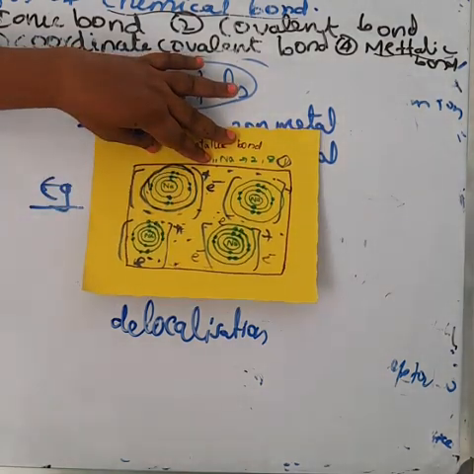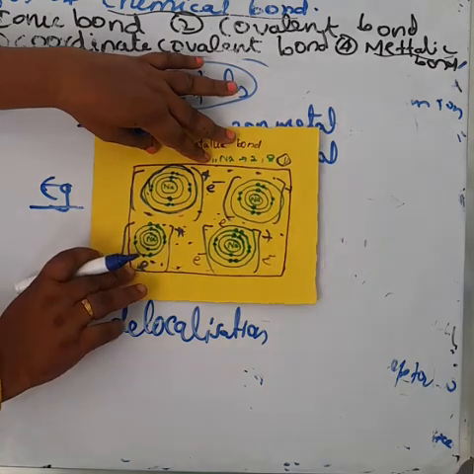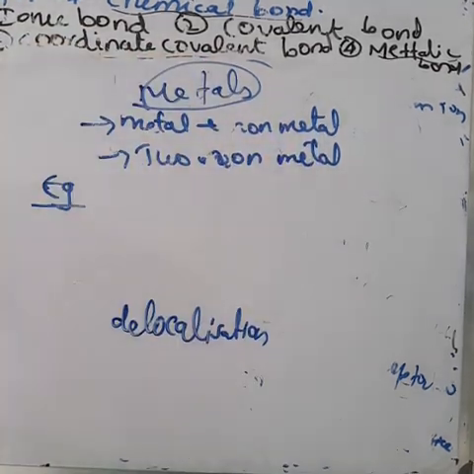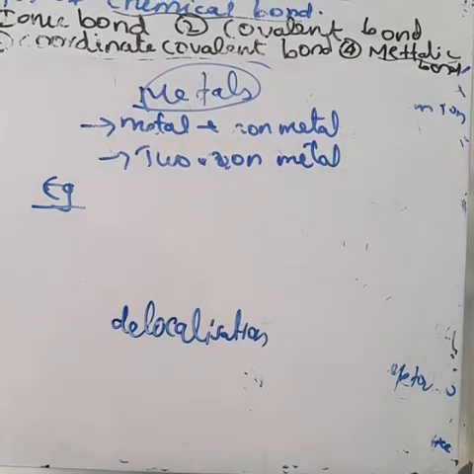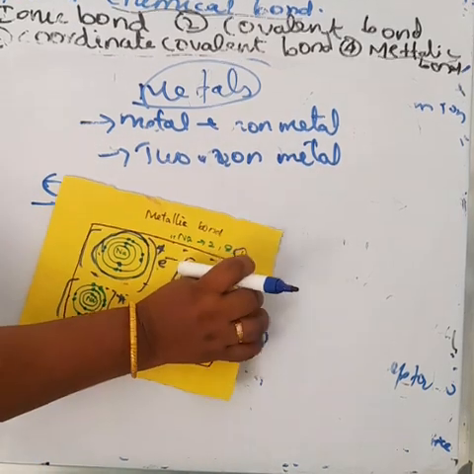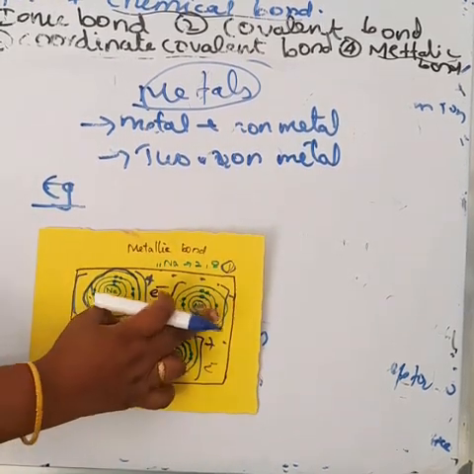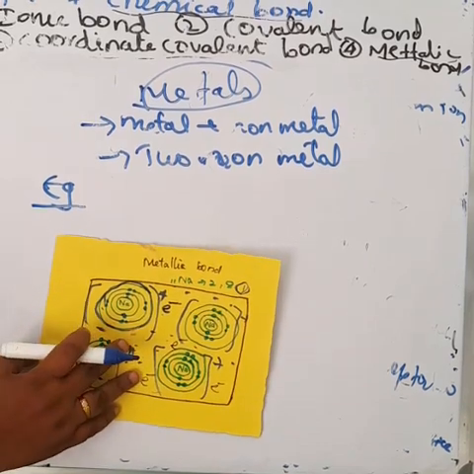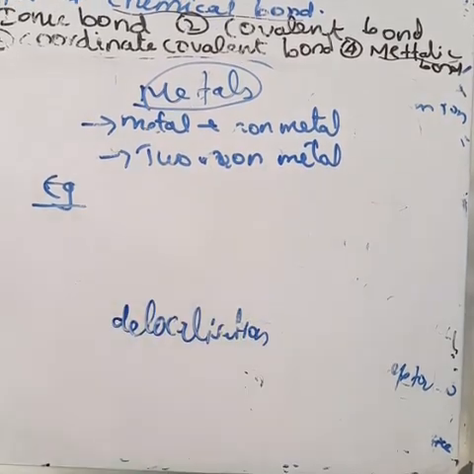These are the metallic bond. So here the outermost orbit does not have any electrons. Clear? I hope all of you understood clearly.